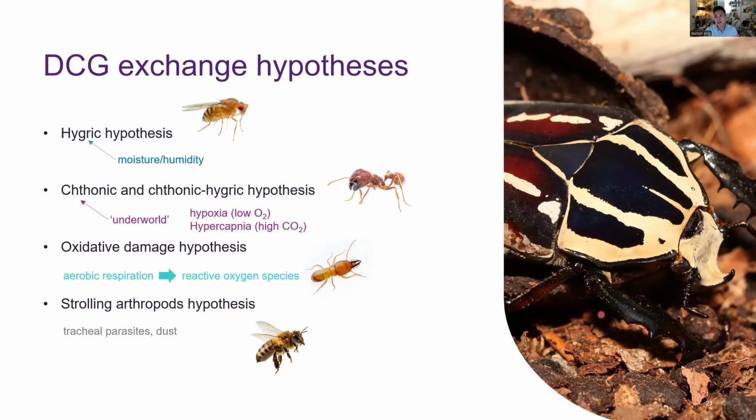So at the end of the day, something like discontinuous gas exchange allows the insect to prolong its energetic consumption, right? So that's a really, really cool phenomenon in insects.